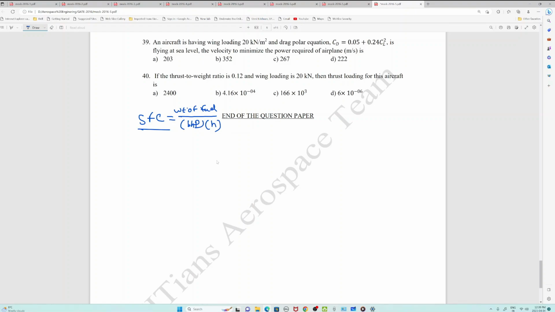And this, we can say, is for the reciprocating engine or propeller.